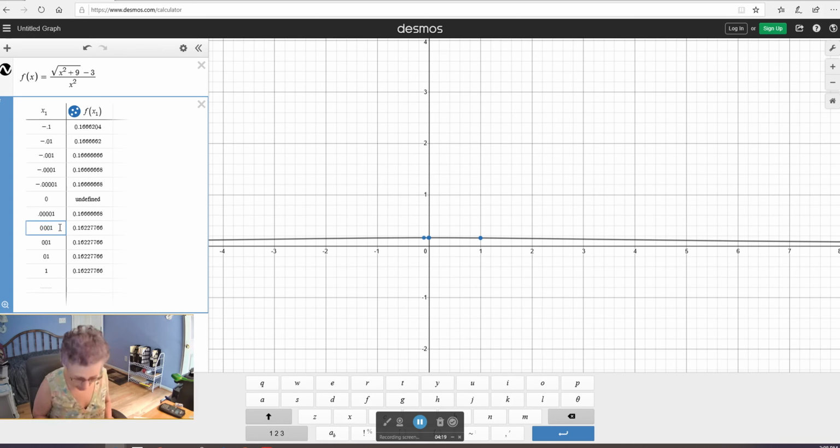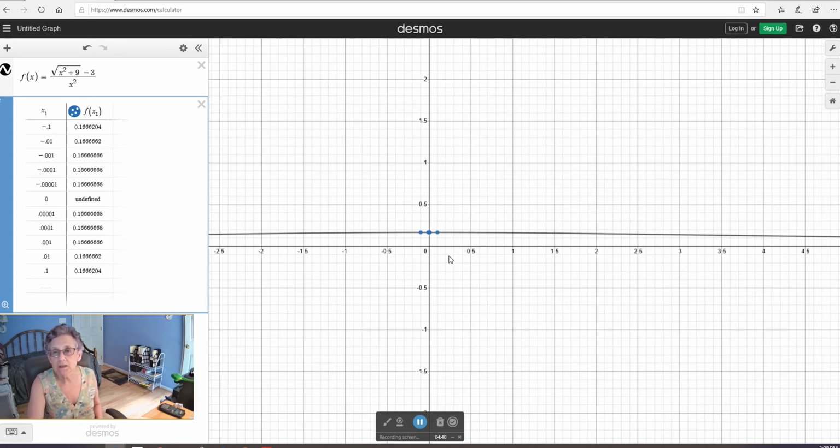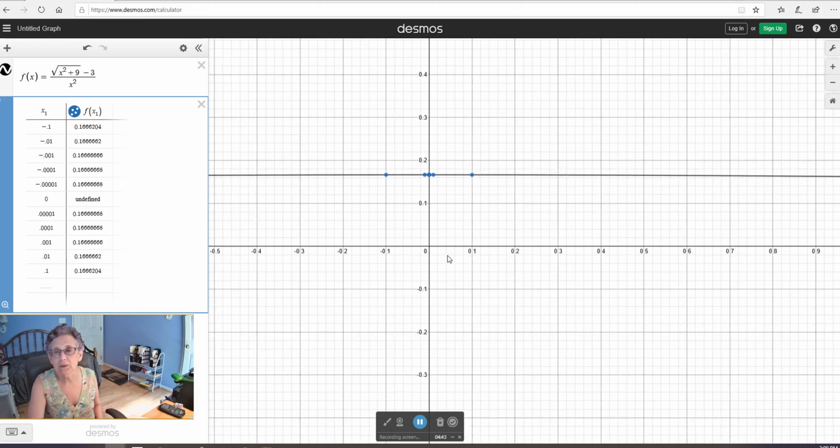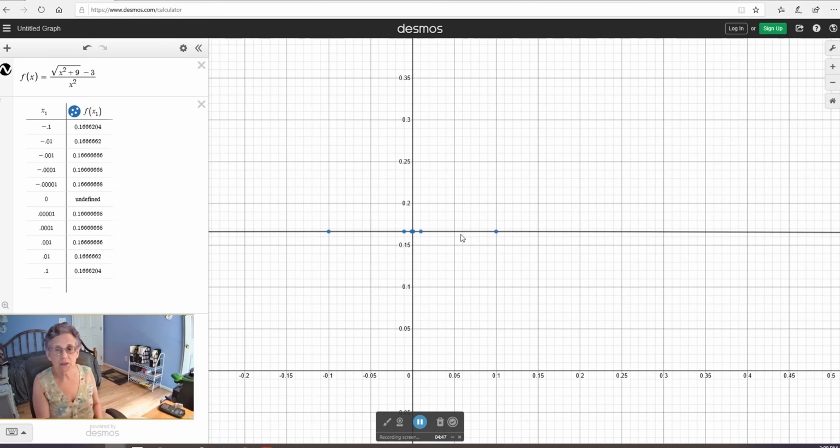Yes, I had left my decimal points out. Now you can see they're getting closer and closer to 1.67. Awesome. So we can use Desmos, we can use our calculator, and the advantage of Desmos is you get to see a nice picture of it. We can zoom in and watch as the data points get closer and closer to 1.67 on either side.